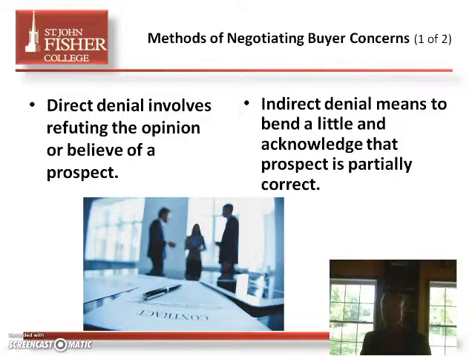Telling a prospect or customer you're wrong, or being argumentative, is often not the way to go when you're talking about selling. So oftentimes you soft sell the fact that the buyer is wrong by saying, I can see how you might feel that way, or I can understand how you might think that.